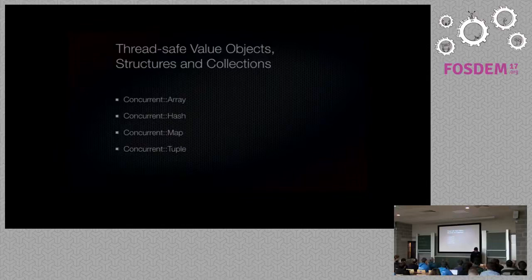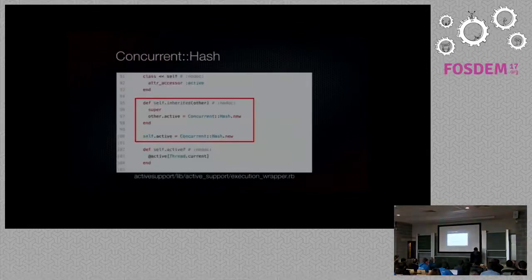Concurrent map is a hash-like object with much better performance characteristics than concurrent hash, especially under high concurrency. It is not strictly semantically equivalent to a Ruby hash. So this is an example of concurrent hash in Rails source code. So Rails is using that in one of the Active Support classes.